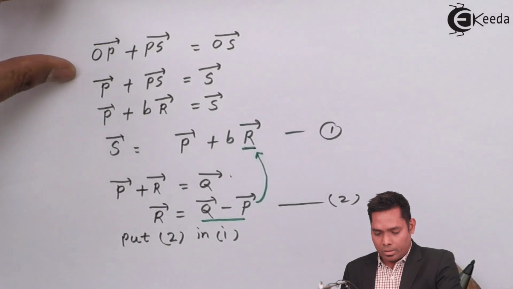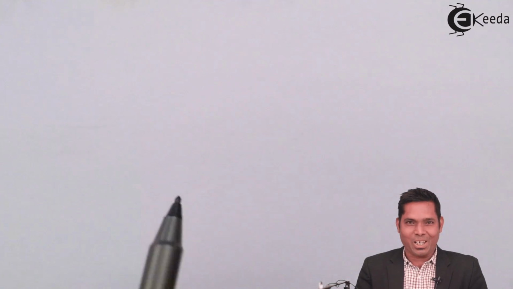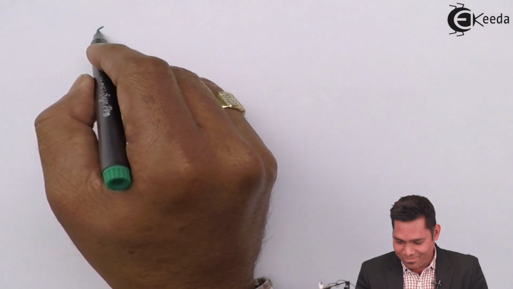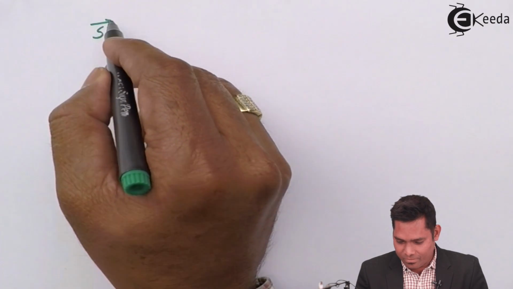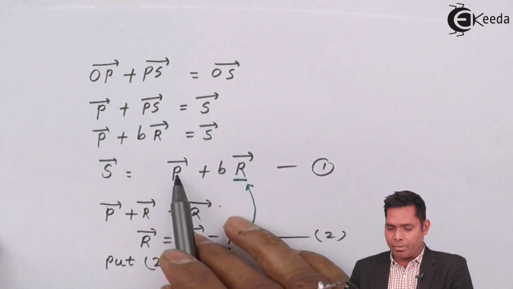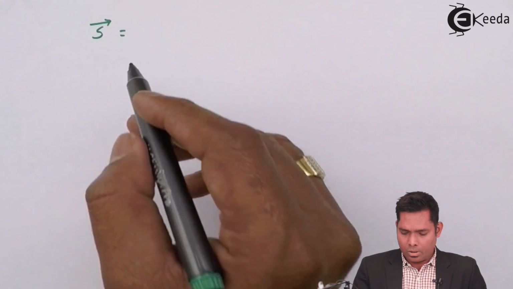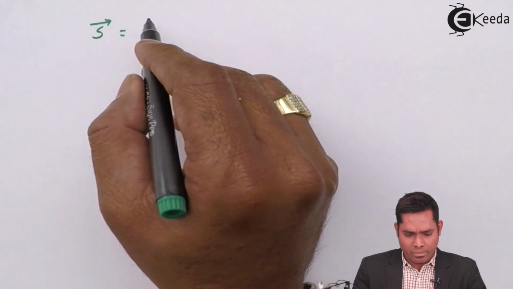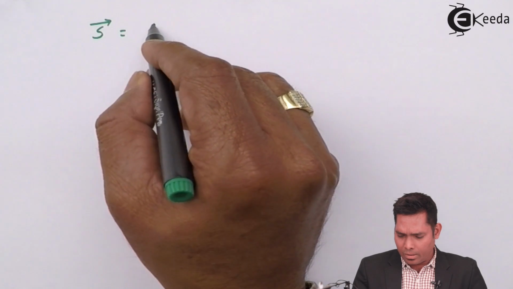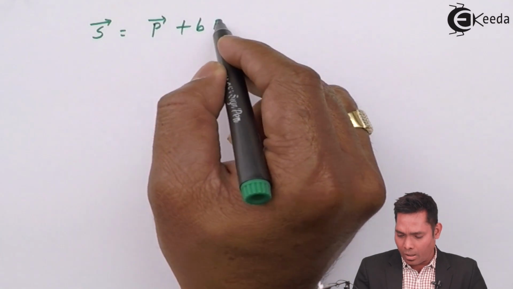The S vector is the P vector plus B times the R vector.